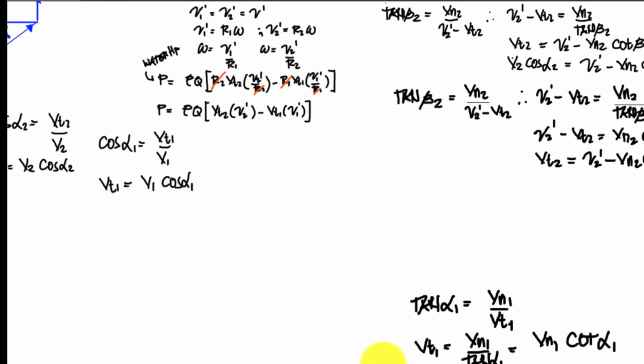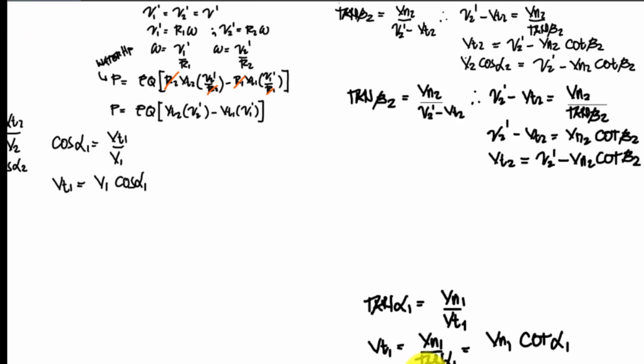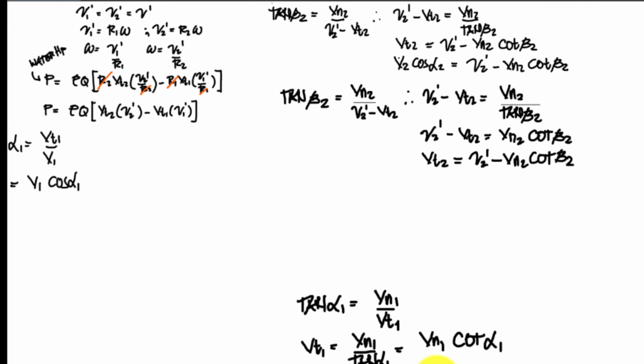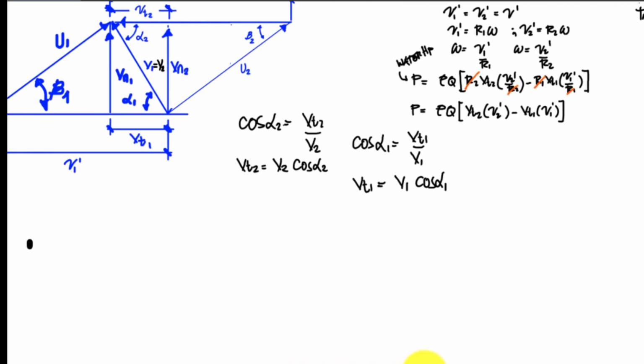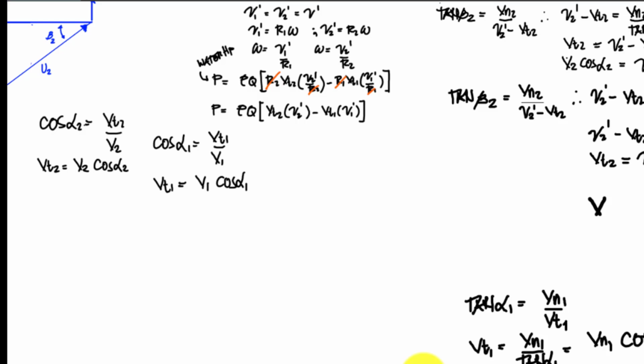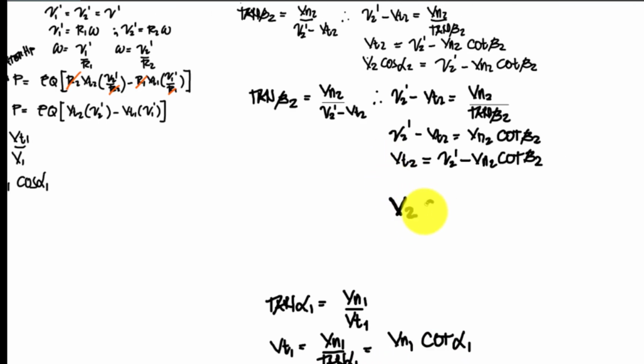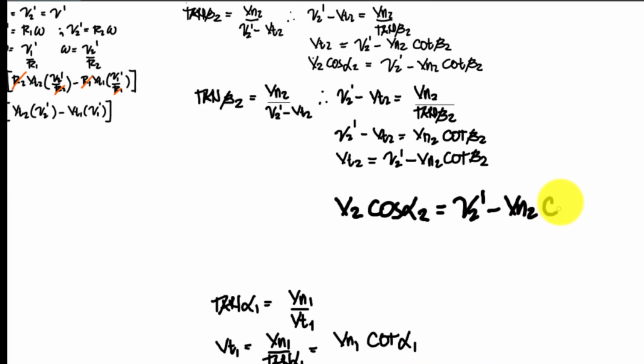So equating that one, the absolute velocity 2 times my cosine of alpha 2 is equal to the velocity of the vane at point 2 minus my normal velocity 2, then multiplied by the cotangent of beta 2.